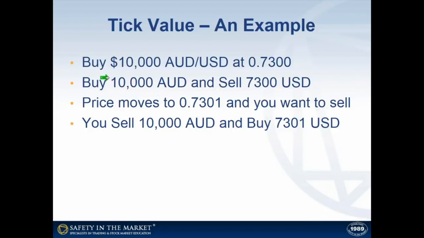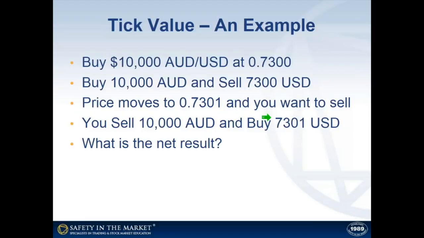Up the top here, buy 10,000, sell 10,000. Yeah, they cancel each other out. Sell 7,300 US dollars, which is like a negative balance, negative 7,300 US dollars, and then buy 73.01 US dollars, which is like positive 7,301 US dollars.